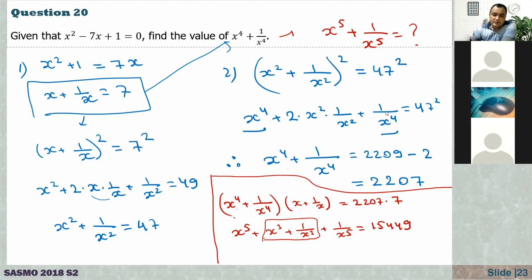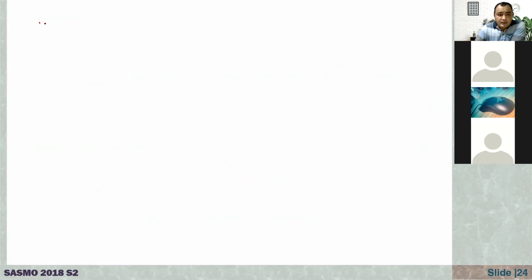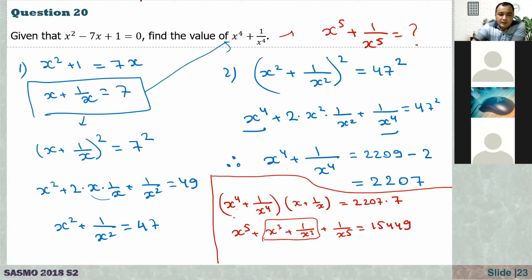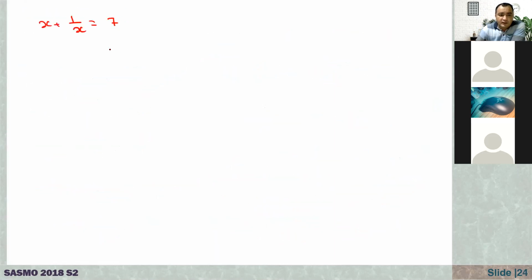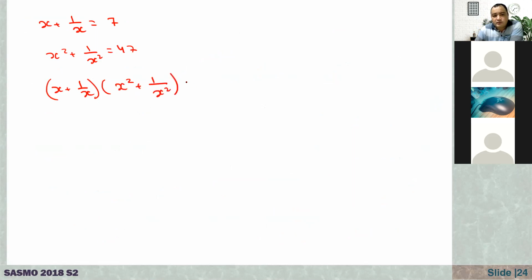Anyway, let's finish this. As you see here, I need to know x cubed plus 1 over x cubed. How can I get this? We know that x plus 1 over x is equal to 7, and also that x squared plus 1 over x squared is equal to 47. If you multiply them together, x plus 1 over x times x squared plus 1 over x squared, that's equal to 7 times 47.